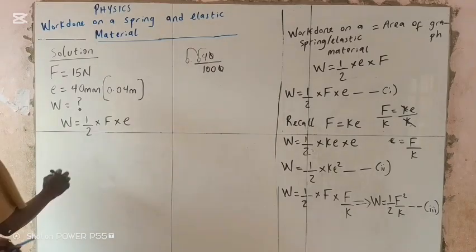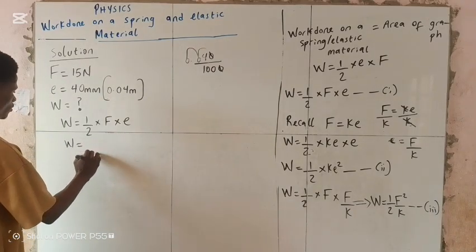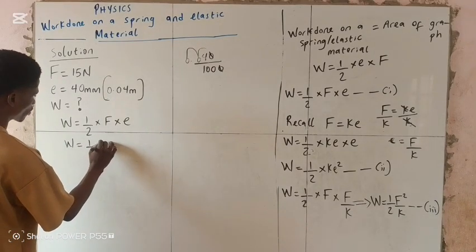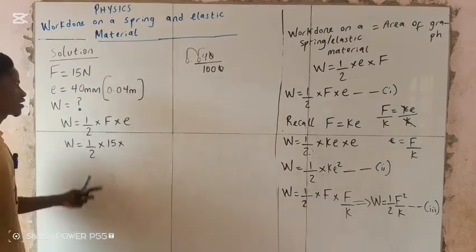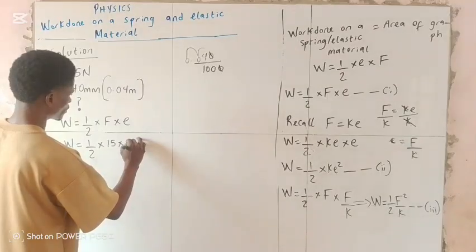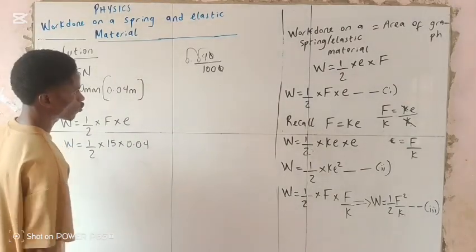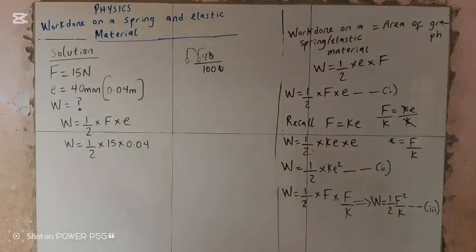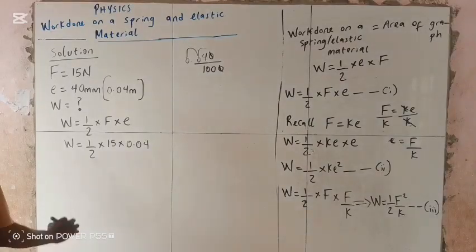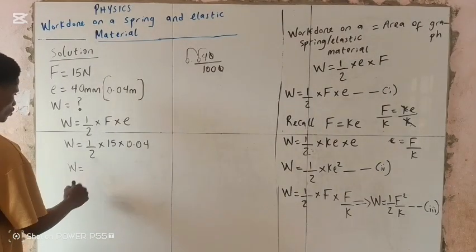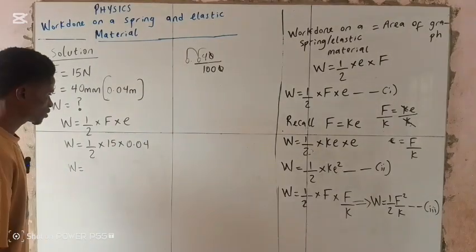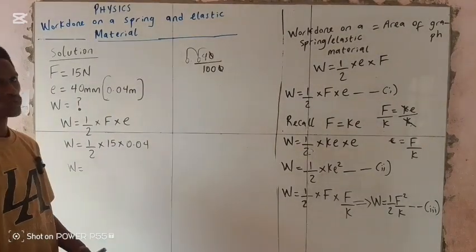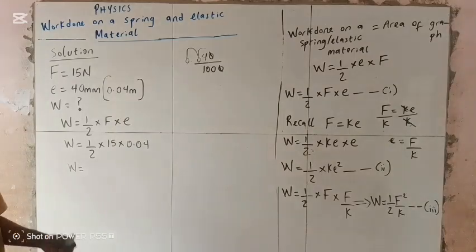Our work done on a spring now equals 1/2, our force is 15 Newton, and the extension is 0.04. Now let's press the calculator. What do you have? Work done now equals what? 15 times 0.04 gives us what?